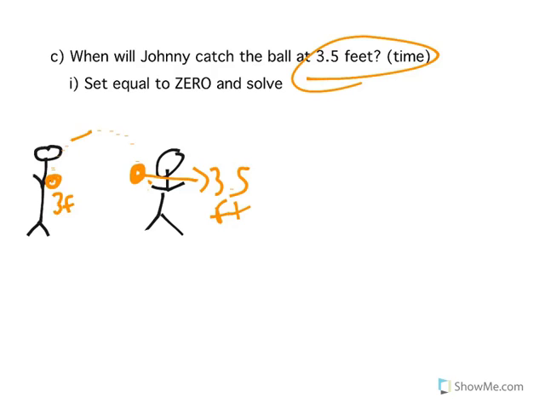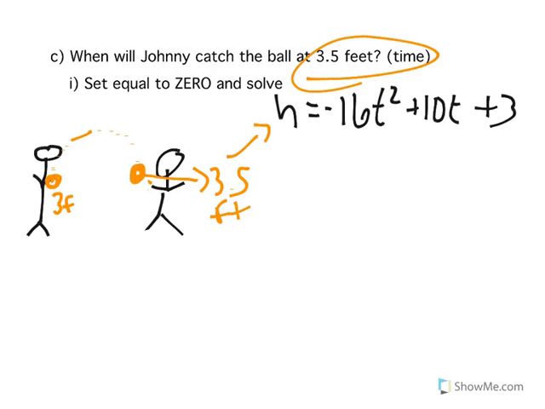So we're using that same equation that we used before. h equals negative 16t squared plus 10t plus 3. The only thing that's going to change is, before h was 0 because we were trying to figure out when it was going to hit the ground. Now h is going to be 3.5 because we want to know when the ball will reach 3.5 feet.